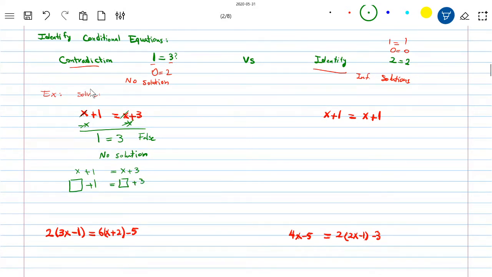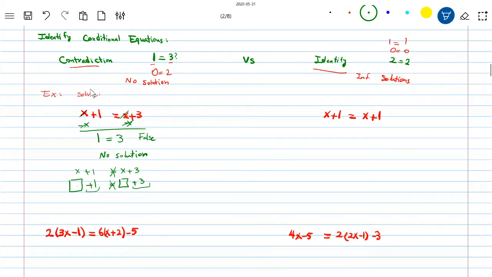Whatever you replace in the box for x, say 2, 2 plus 1, 2 plus 3, there's no way that these two are equal to each other. If you're adding a 1 on the left side and a 3 on the right side, the equality cannot hold. You're adding two different values to the same number. So this could never be true. That's why we have no solution.